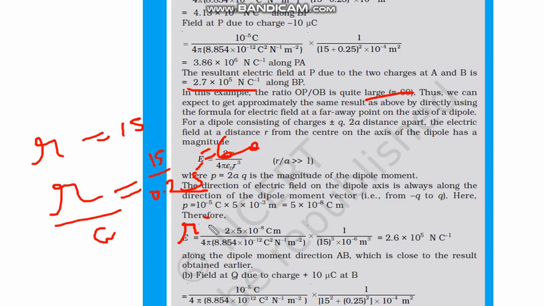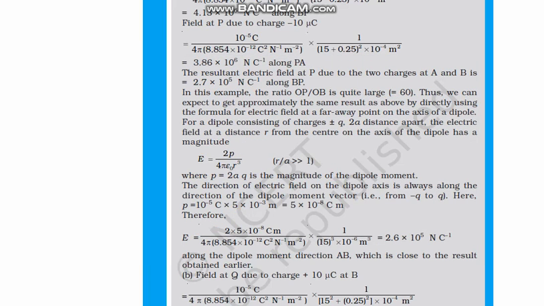R is greater than A, so we can use the formula we calculated for the dipole at large distances. For large distances, E was 2p times 1 by 4 pi epsilon naught R cube.